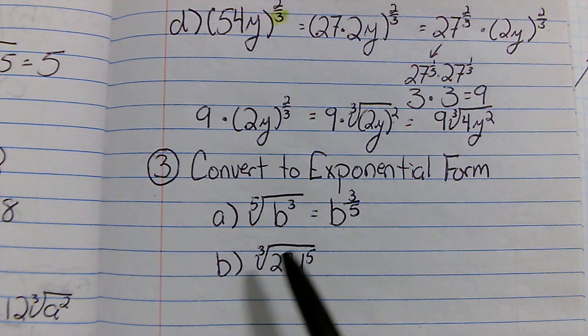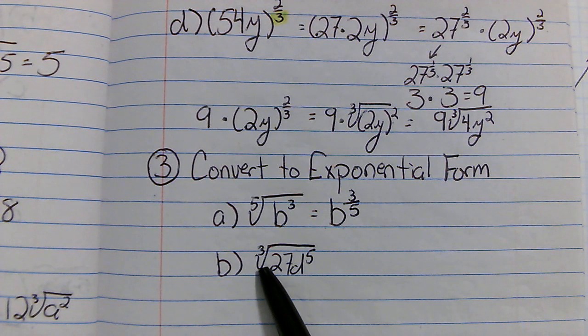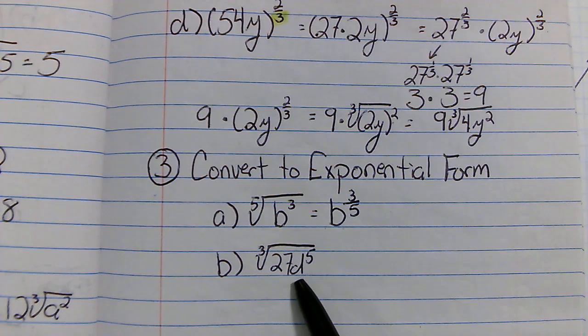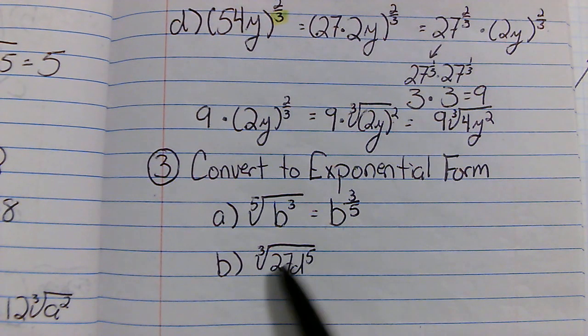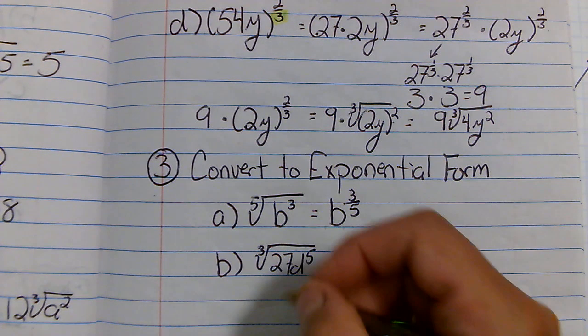So I know that this would be my denominator, but you have to think, what's going to be your numerator? It's not going to be this 5, because this 5 is only applying to the d. Remember, if there's no parentheses around this, the exponent only applies to what's directly under. So here's how I'm going to write this.